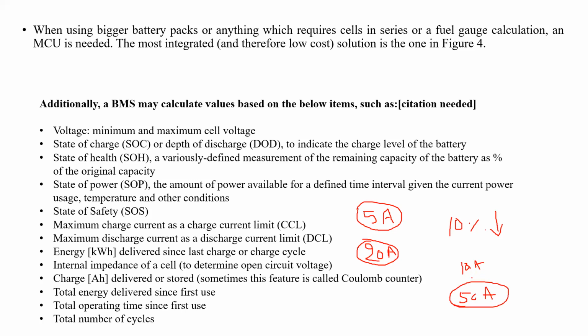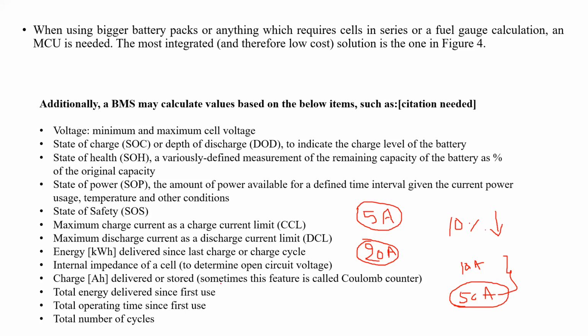The charging current limit is exceeded, and there is a chance of damaging the battery. So that's why this charging current limit should also be monitored by the battery management system.